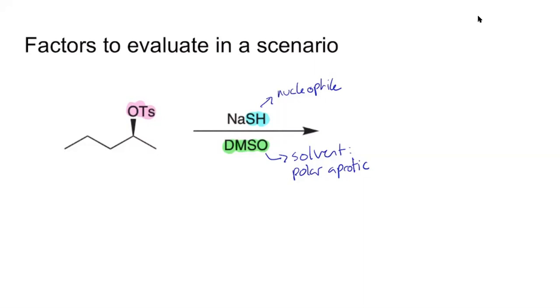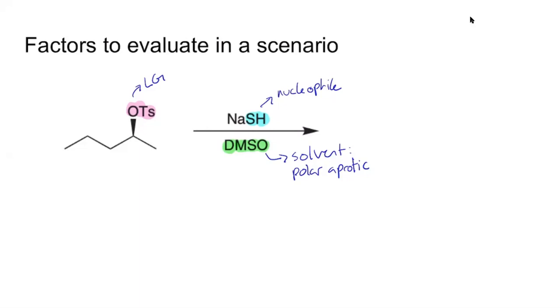Is it something that might need to get kicked off, or is it something that's going to be able to leave on its own? And then lastly, well, first of all, can anybody guess what the second clue we could find on our substrate is? What kind of cation forms once the group leaves?